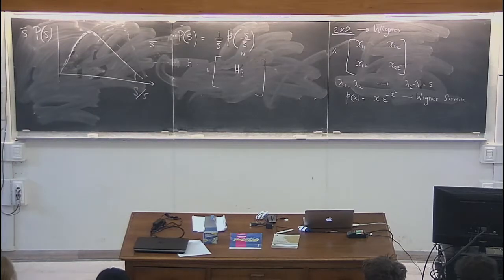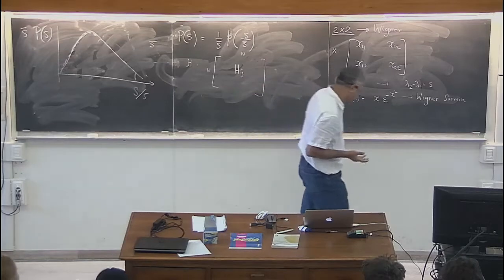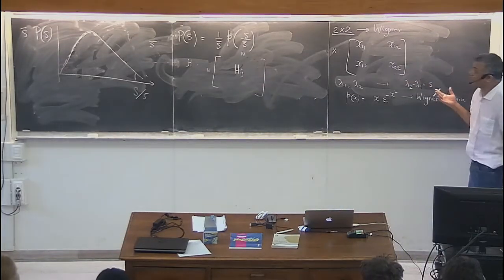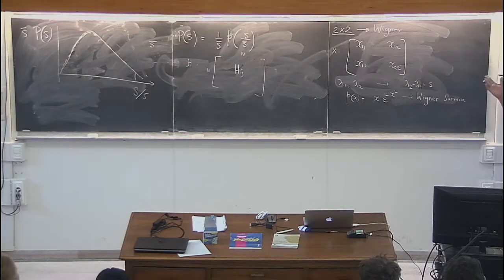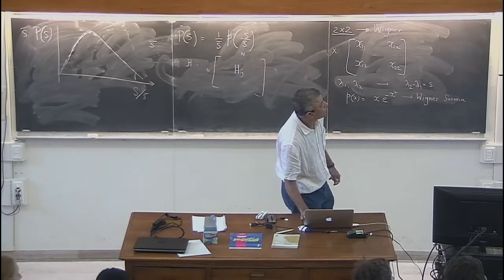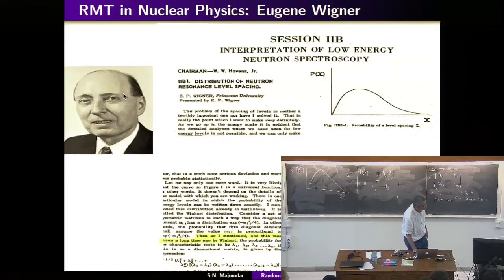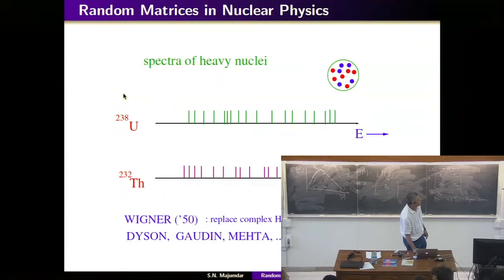Therefore Wigner's surmise was already pretty good, and this was a big success in nuclear physics. In fact, this was this curve there, P(x) versus x, the probability of level spacing. This is how it came into the nuclear physics literature.